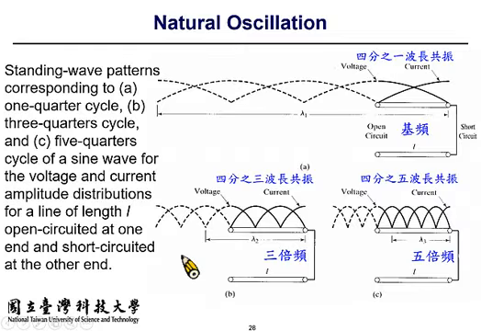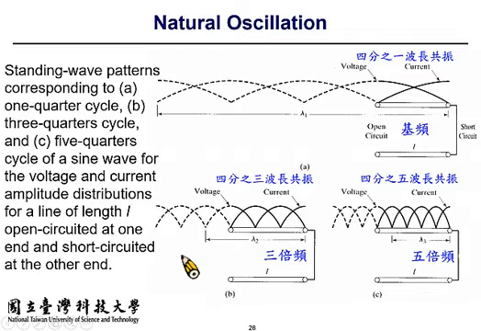You can imagine higher order modes at higher resonant frequencies, at 7 times, 9 times, and 11 times. In this plot, you observe the so-called fundamental frequency and higher order modes.